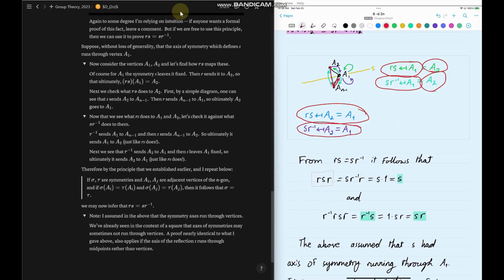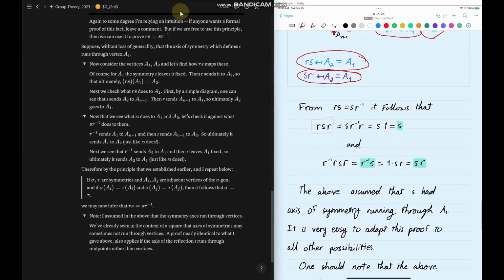Then we check SR inverse and see what it does to A2. R inverse sends A2 to A1, and then S leaves A1 fixed. So it does the same thing. It sends A2 to A1. We have now checked that these two symmetries do the same thing to these two adjacent vertices and therefore must be the same symmetry. So we have now proved that RS equals SR inverse.